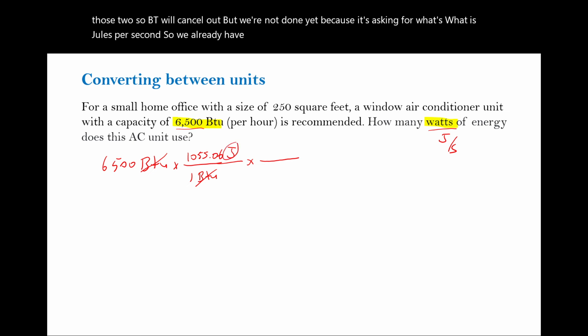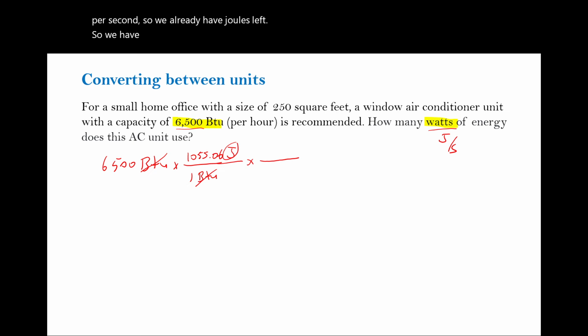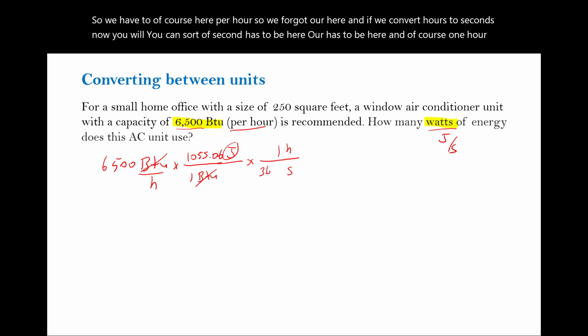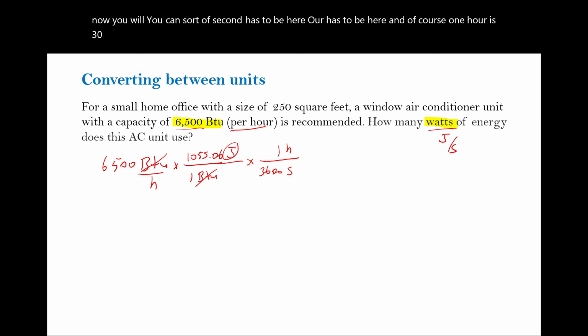So of course here it is per hour. We forgot hour here. And if we convert hours to seconds, seconds has to be here, hour has to be here. And of course, 1 hour is 3,600 seconds. And so hours will cancel out. So what you got is joules per second.